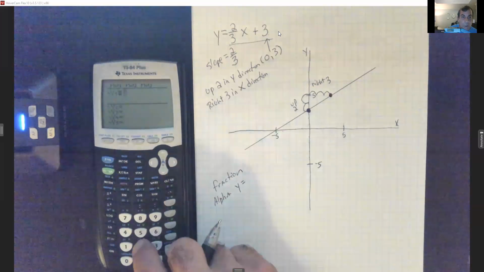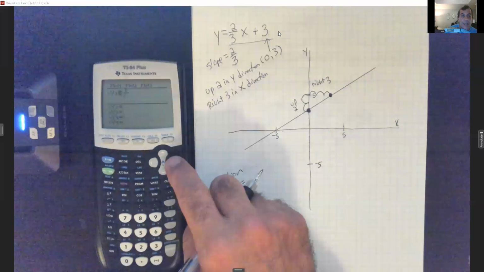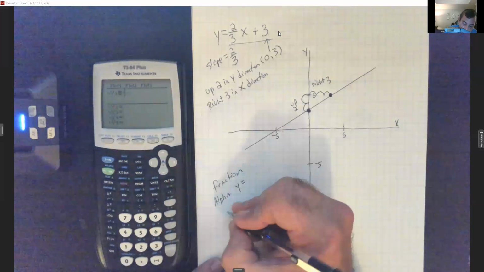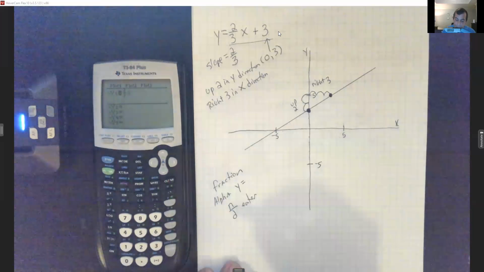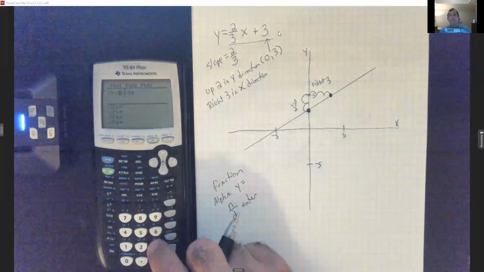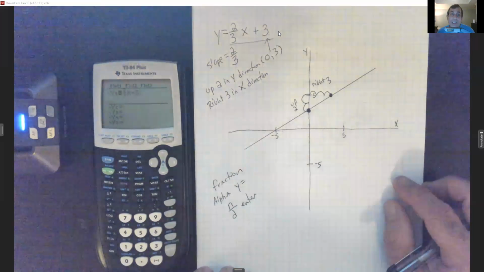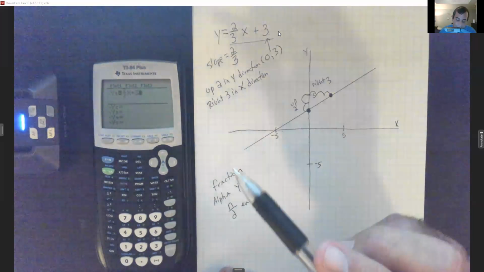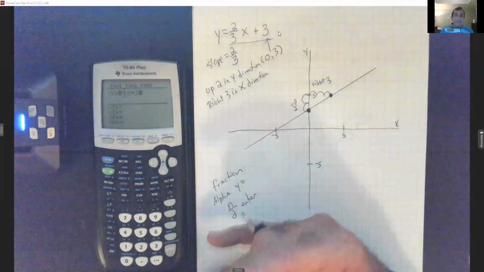So I can put a 2 on top, go down and put a 3 on bottom, and then arrow right, and enter. Now I can just put my X plus 3. On the newer calculators, if you want it to look like a fraction, hit alpha y, and that puts it into fraction form for you, okay?